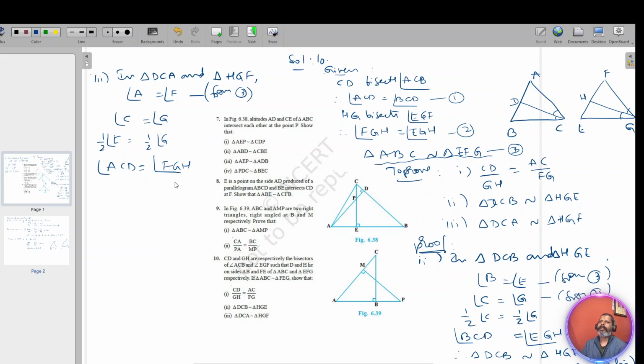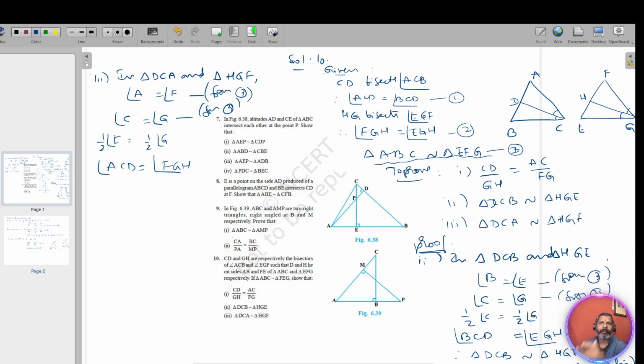Understand here? It's going in a similar way. C equals G because of 3 only. Half C I'll take as ACD, half G I'll take as FGH.